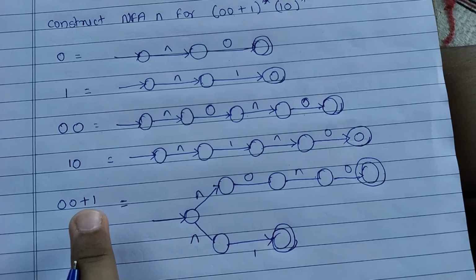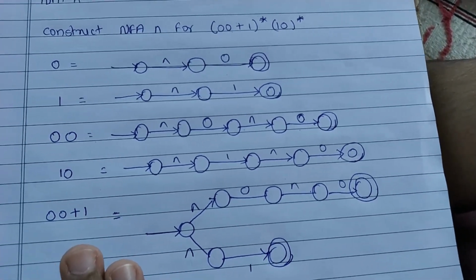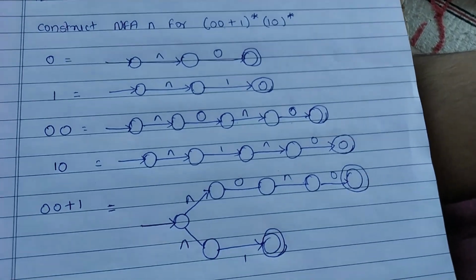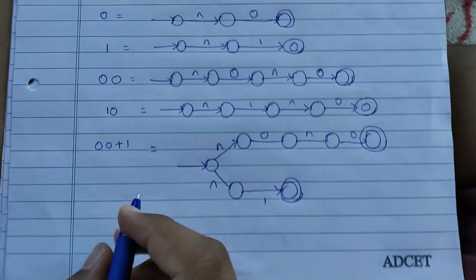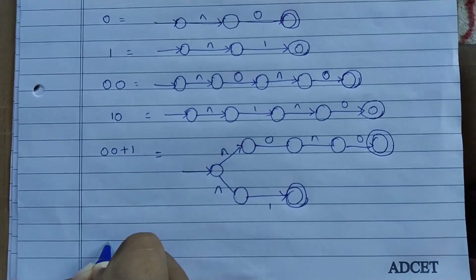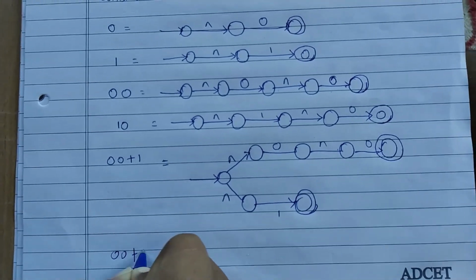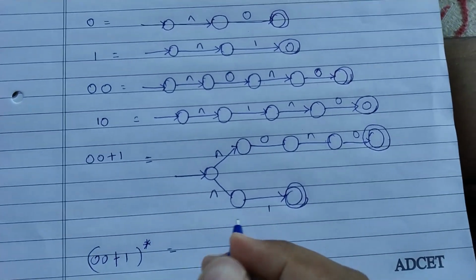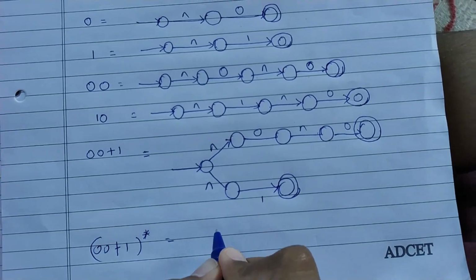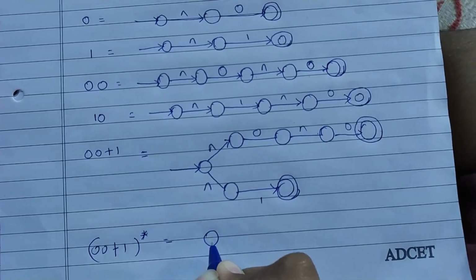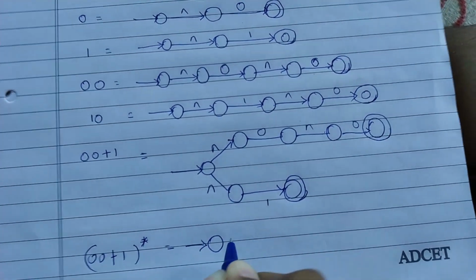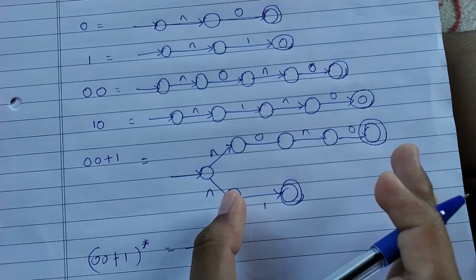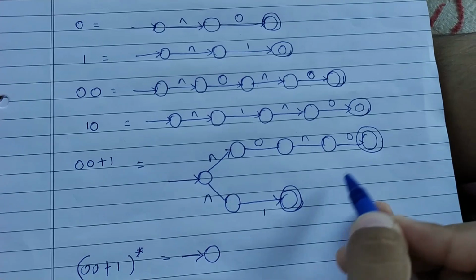So this is the 0 0 plus 1, but here it is not only 0 0 plus 1, it is 0 0 plus 1 star. So how do we write this? See carefully: here the initial state, then all this is right as it is, but the difference is we do not accept these two states.